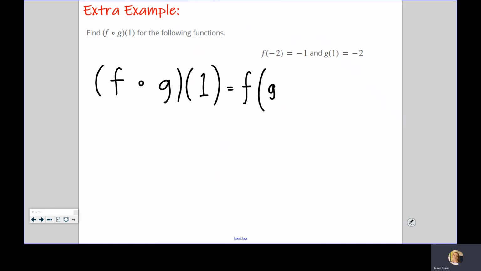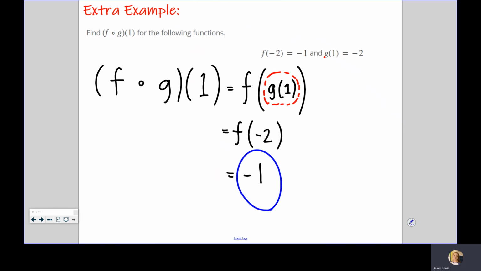So it's going to be g of 1 in there this time. Start on the inside. All right, so g of 1. They told us that g of 1 equals negative 2. All right, so just replace g of 1. They told us that was equal to negative 2. And what do they tell you f of negative 2 is? Yeah, negative 1. That's it.